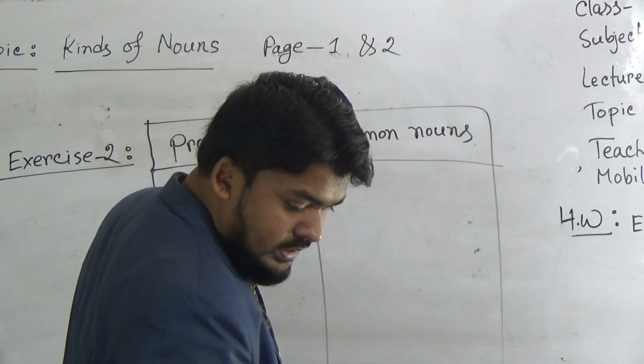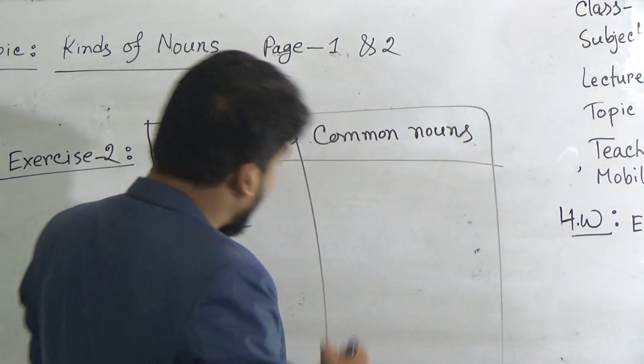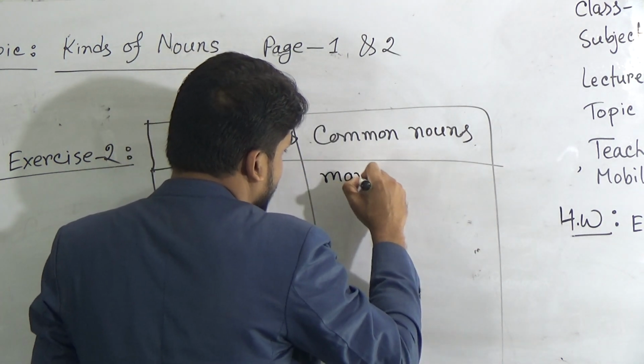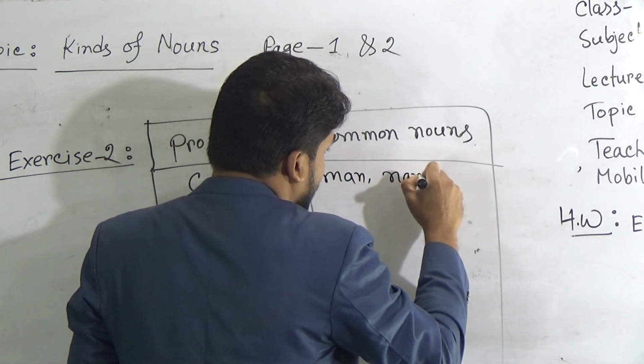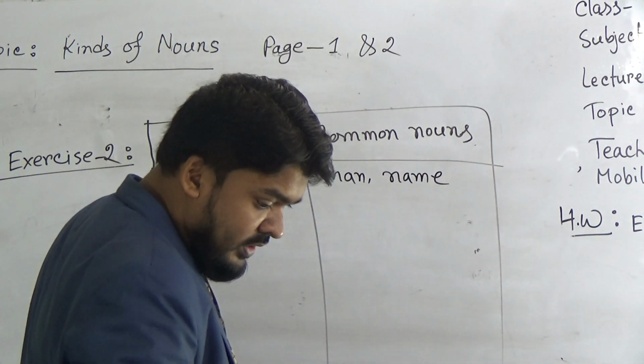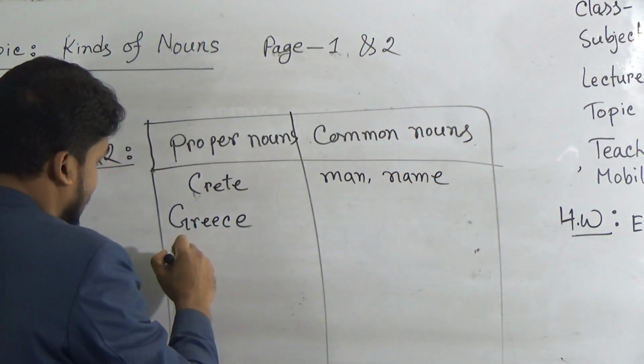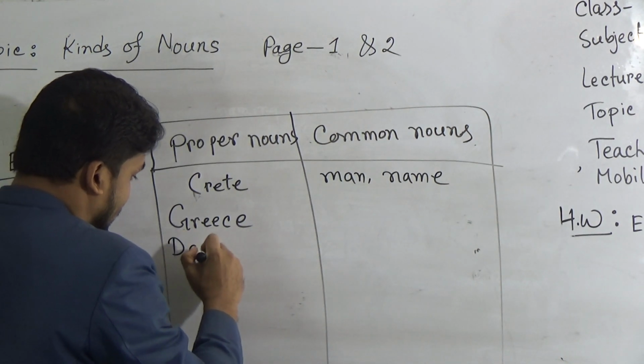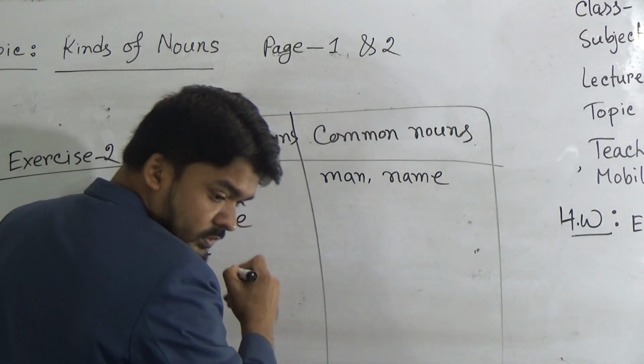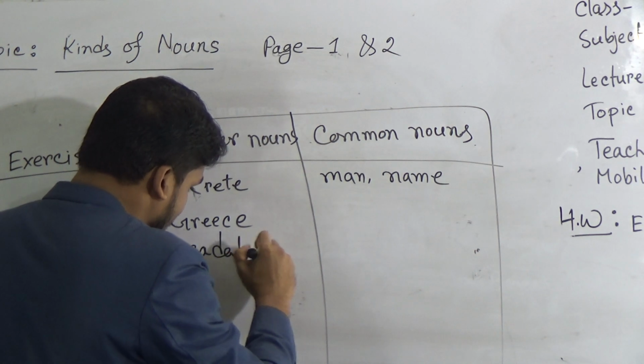And there lived a man. Okay, common nouns: man and name. Okay, his name was Daedalus. Another proper noun is Daedalus.